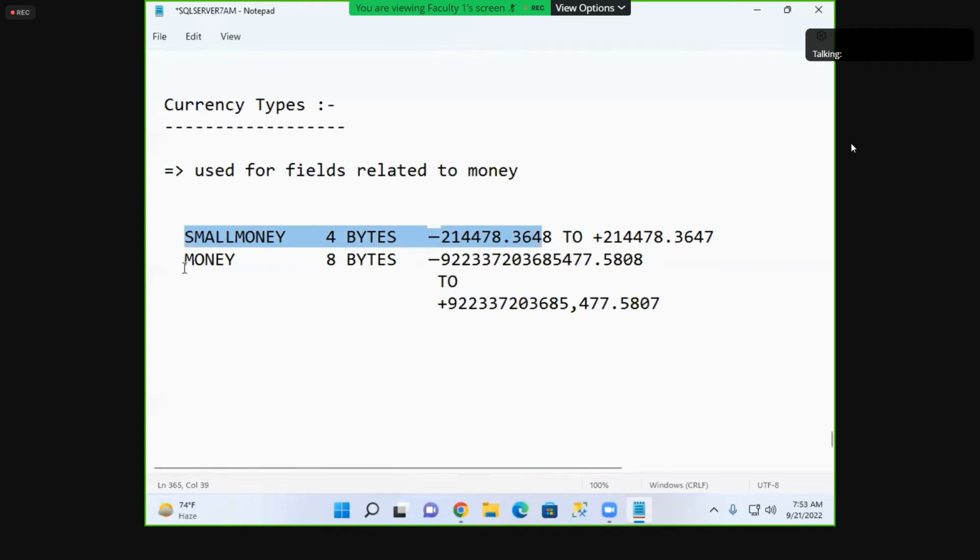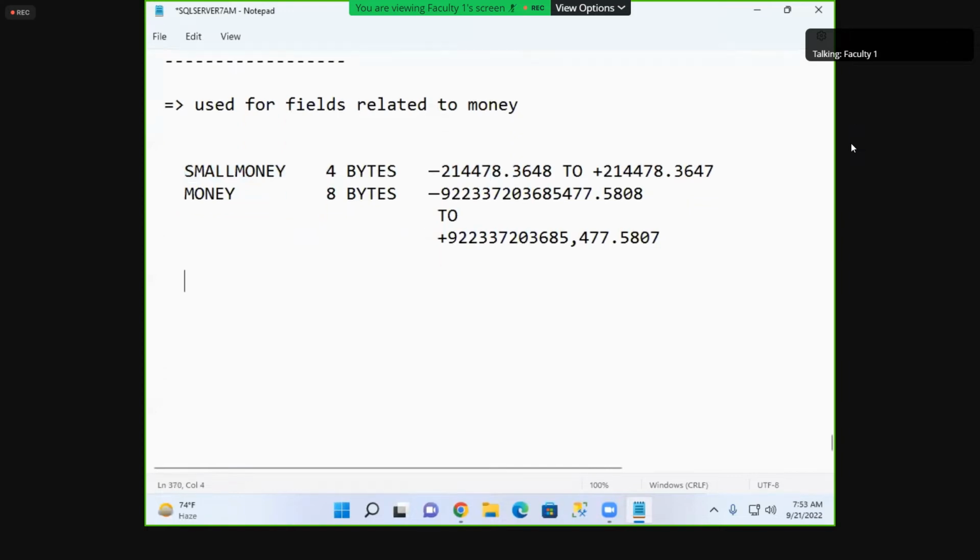If the value is not between this range, use money. The smallmoney range is minus 2,14,478 to 2,14,478.